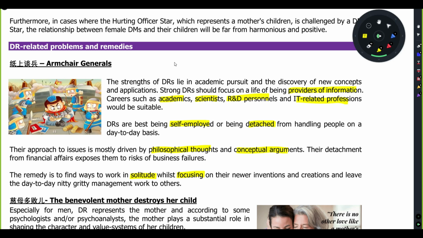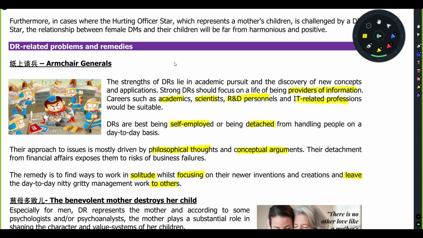If they have a business idea, unless they sit on rock wealth or indirect wealth, that is fine. If not, then they should leave the day-to-day to others. This is one way to consider how we handle armchair generals.